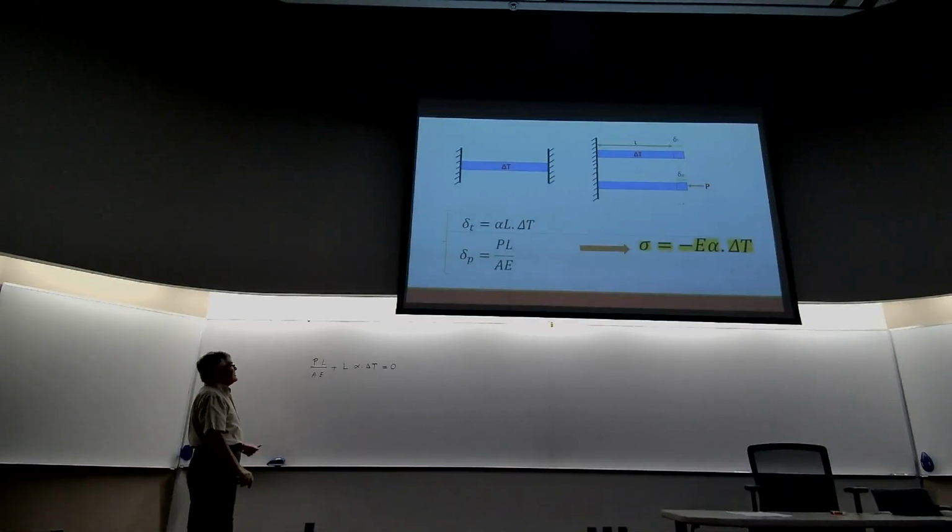So we set this equal to 0. And I'm going to just erase this part here. We divide by L, and both of them disappear, so this goes away, and this.